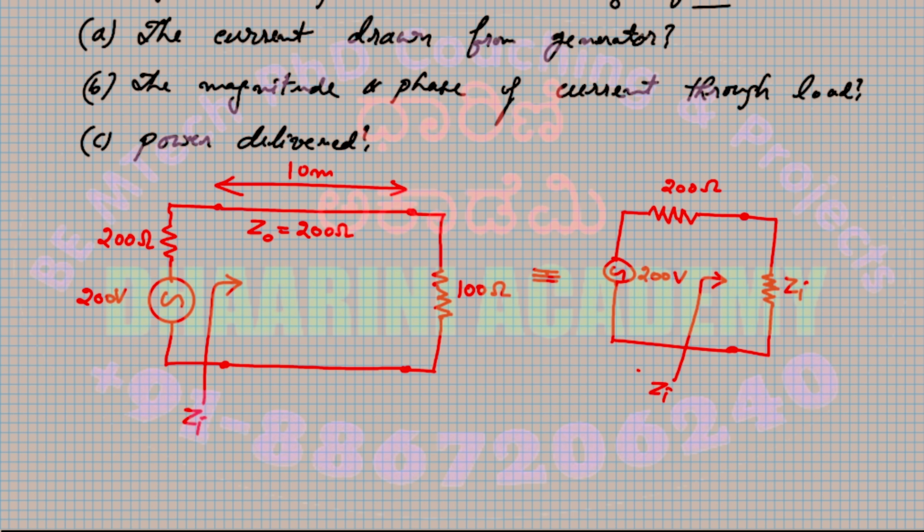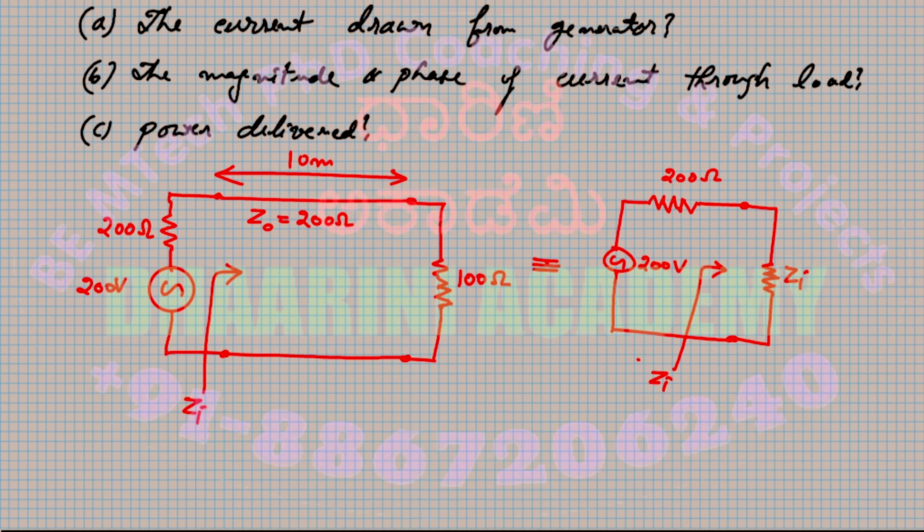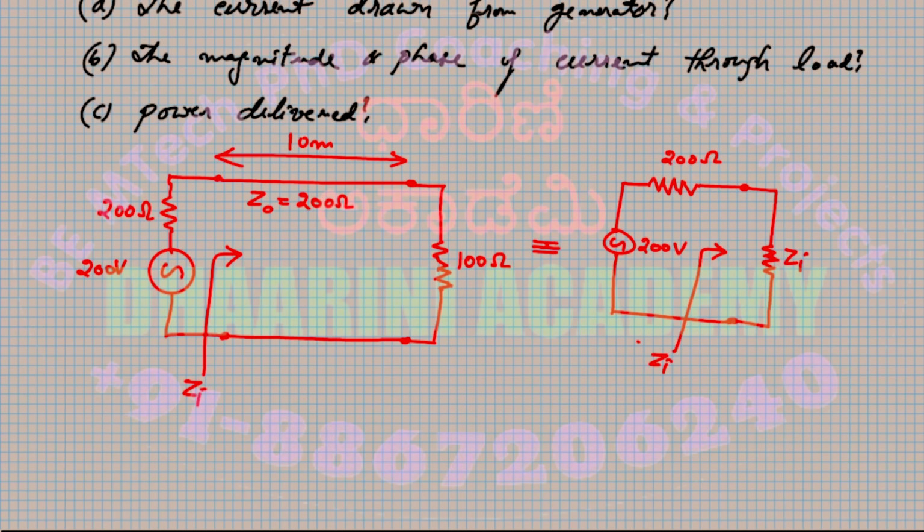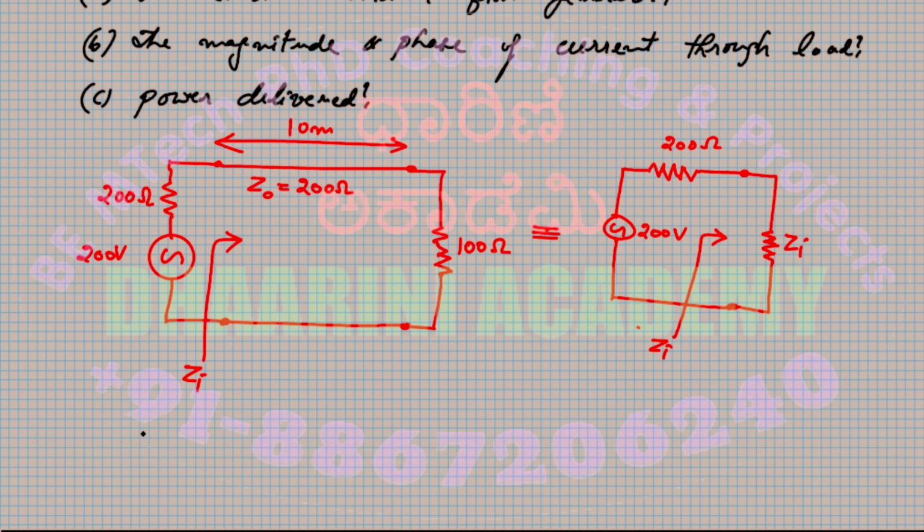If you want to do any calculation, you first calculate the ZI value. So what is the equation? Let's start with the equation for ZI. Just try to recall it.